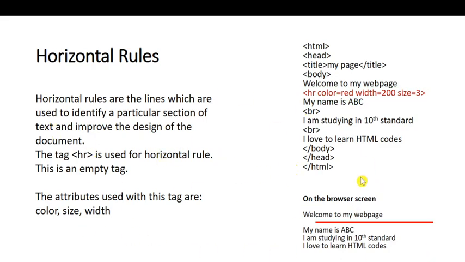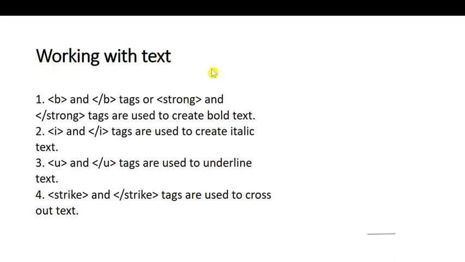Now we can check working with text. There are different methods of working with text. The first one is the B tag with its closing tag, or the strong tag with its closing tag.